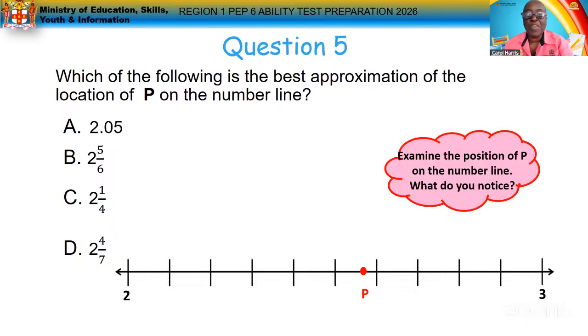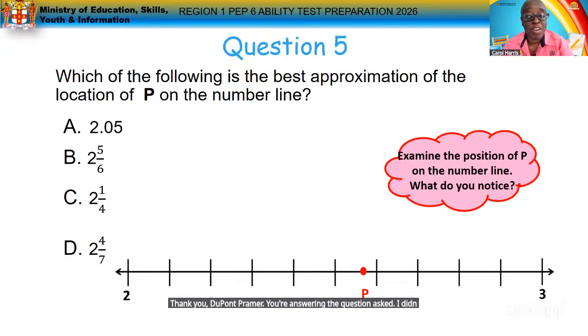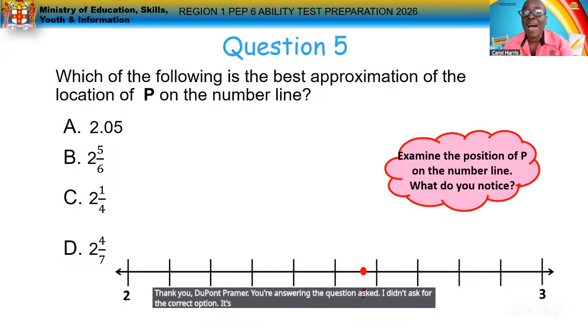I'm not ready for the answers yet. Type in the chat and tell me, please. Type in the chat anything you can tell me about the point where P is at. Thank you, DuPont Primary. You're answering the question asked. I didn't ask for the correct option. It's more than halfway between 2 and 3.